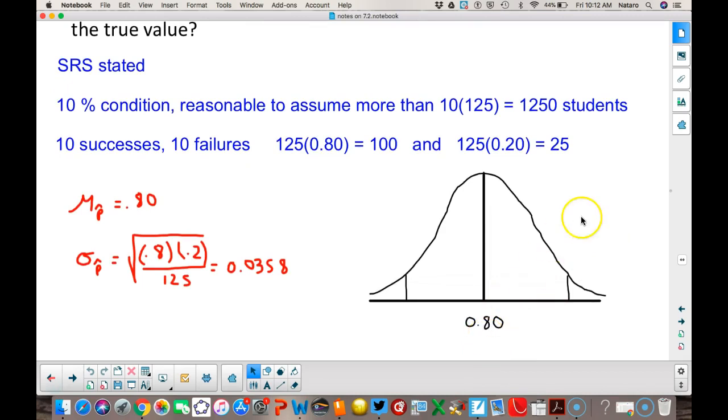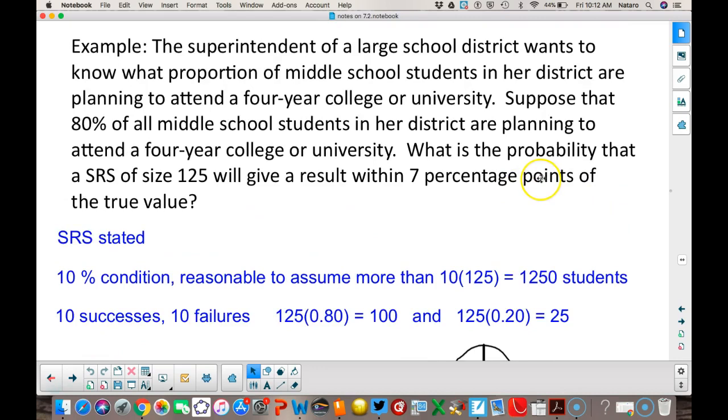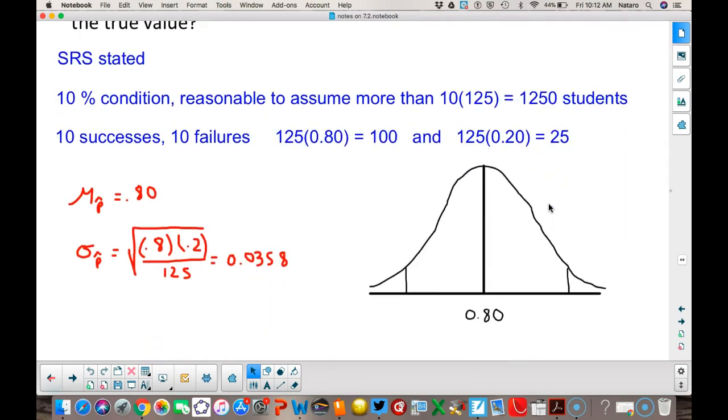Remember, the original question was, what's the probability that a simple random sample of size 125 will give a result within 7 percentage points? Within 7 percentage points of 80% means we would want to be between 0.73, that's 7% less than 80%, and 0.87, that's 7% more than 80%.